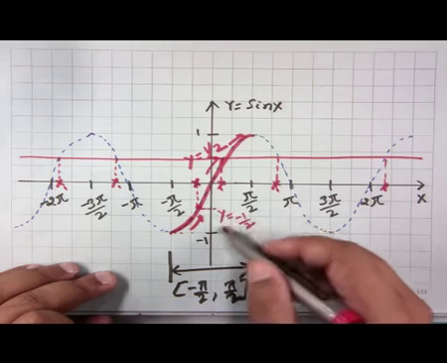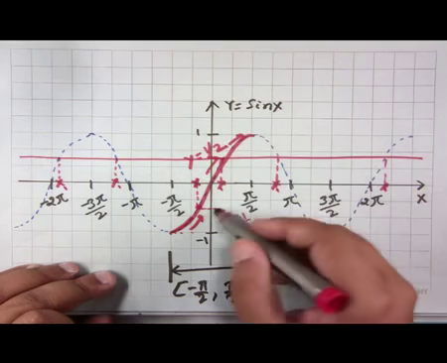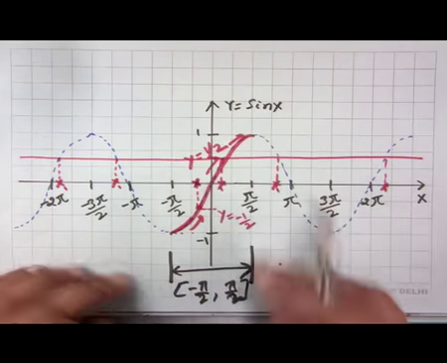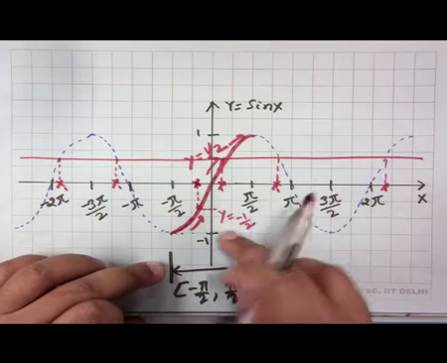Therefore, for any y that we take in this range -1 to +1, there will be a unique value of x in this interval such that sine of that x will be equal to this y.